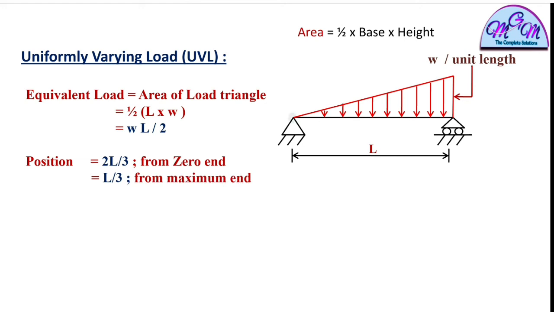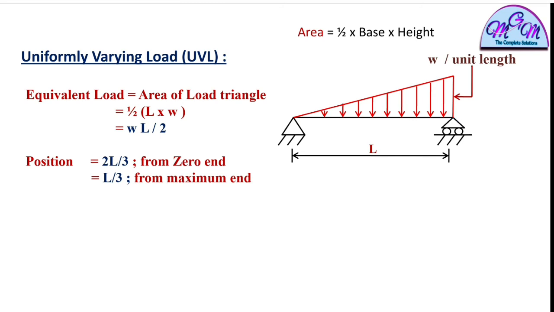You should remember, if you are talking about the 0 point, that means where the load is starting, the position of the equivalent load will be 2L by 3 from this point. But if you are talking about the maximum end, then from this point its position will be L by 3.